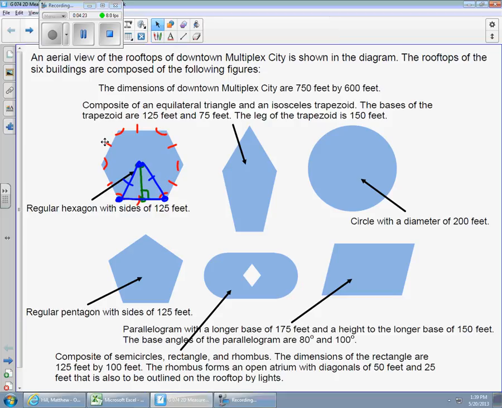Below that is a regular pentagon with sides of 125 feet. Now that's fine. We know that regular, once again, means it's going to be equilateral, also going to be equiangular. Okay, but a critical difference between what a regular hexagon was able to do and what a regular pentagon will do arrives here.